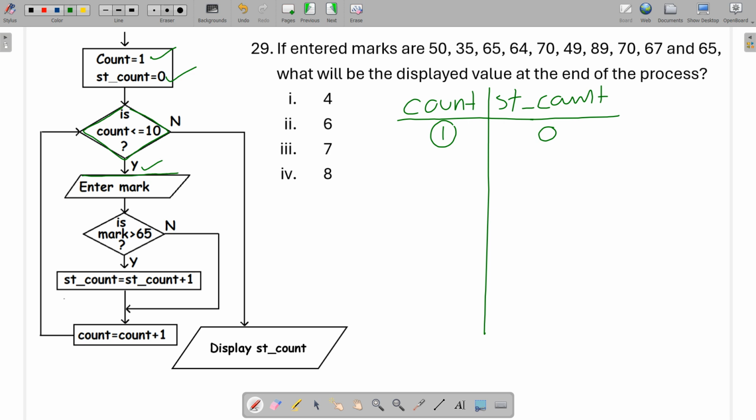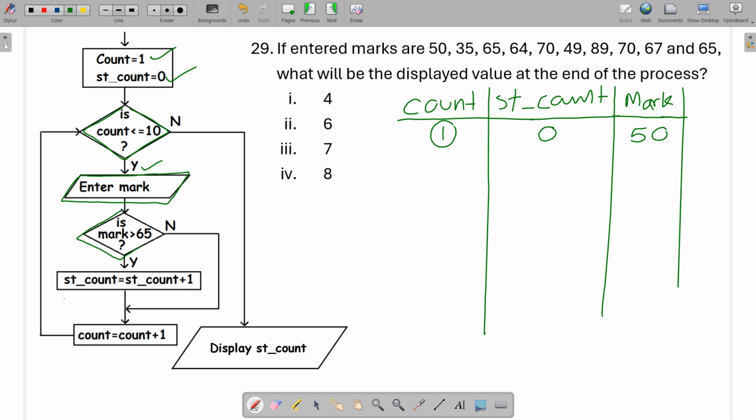They ask you to enter a mark. So mark is going to be 50. Here you get another variable called mark, which gives you 50. Then that mark will be checked whether it is larger than 65.